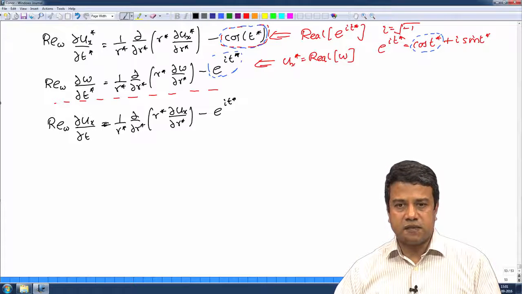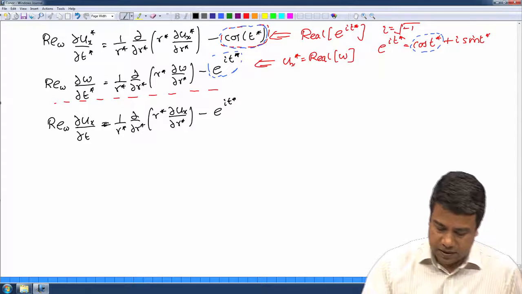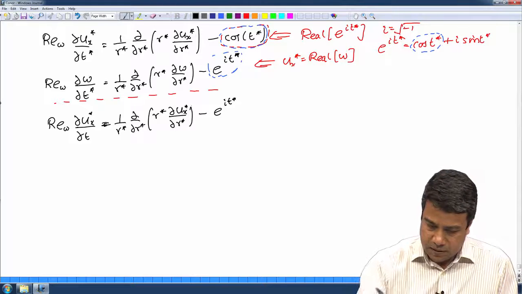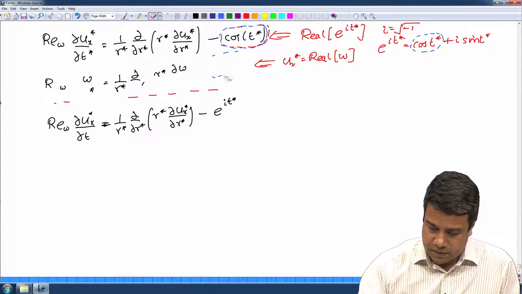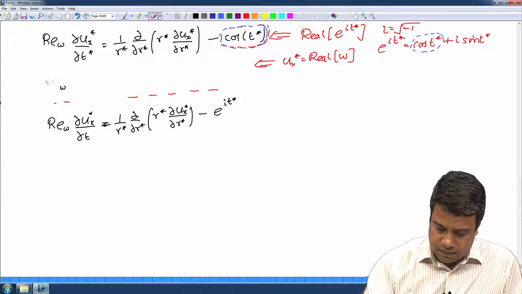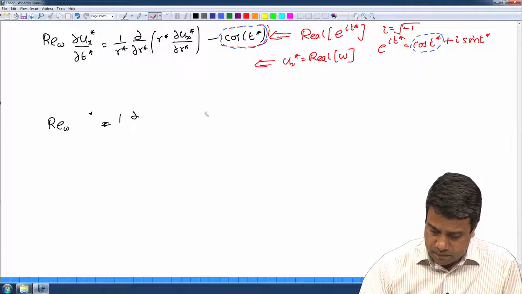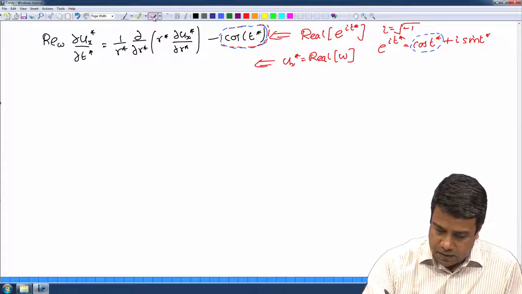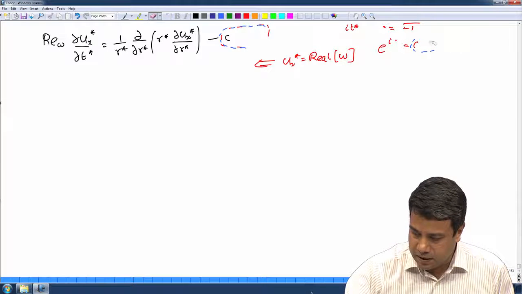The real physical velocity profile will be the real part of this complex function. So, on this basis, this is the equation we have to solve, with the inhomogeneous term becoming e power I t.